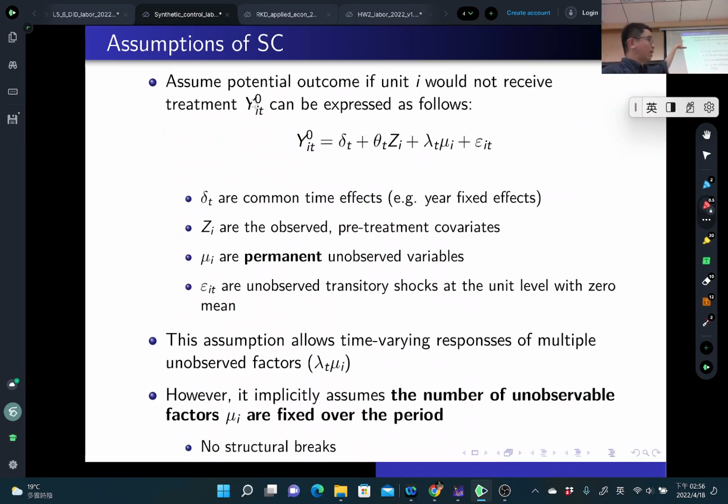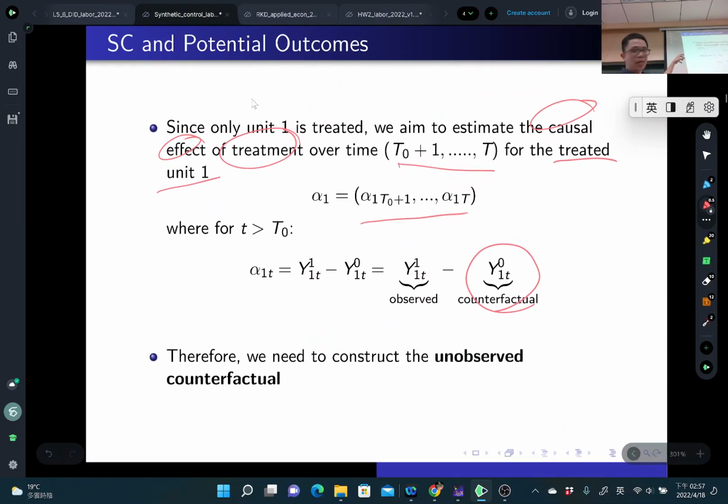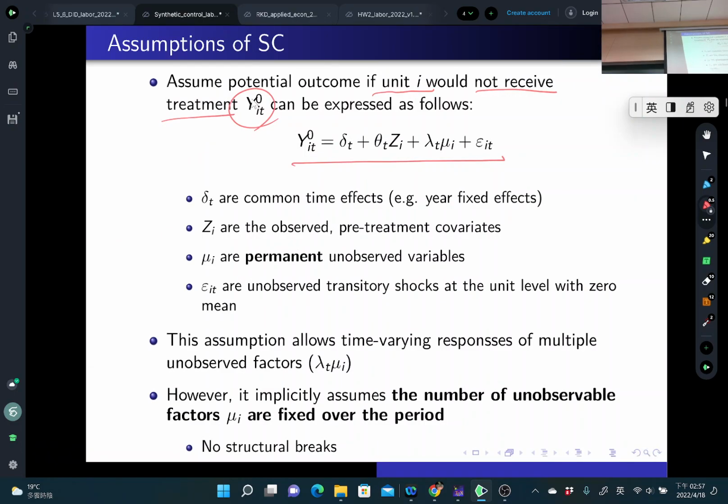Okay. So there are some assumptions for the synthetic control. We basically assume the potential outcome, if unit i does not receive the treatment, Y0, is determined by the following components. This is the assumption for the synthetic control. One component is the time effect, which we can control over time.